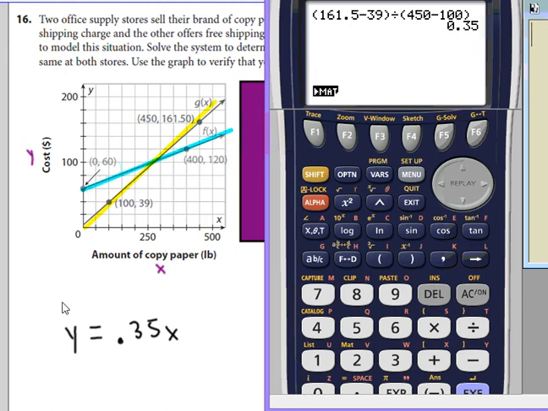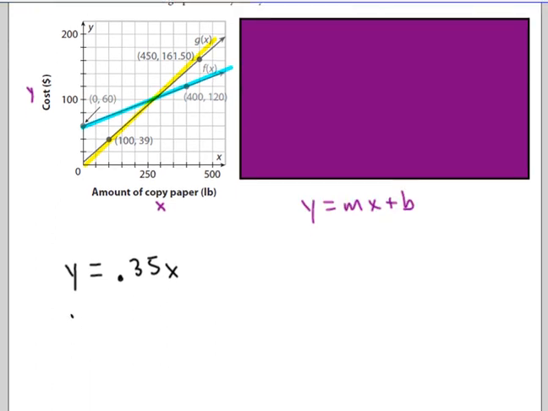This other one here is going to be y equals the slope of that line times x plus 60. And I know it's 60 because that's what I get when x is 0. And then I'm going to use these 2 points to find the slope of the line. We go from 60 up to 120, so we went up 60. And then we go from 0 to 400, so we went over 400.